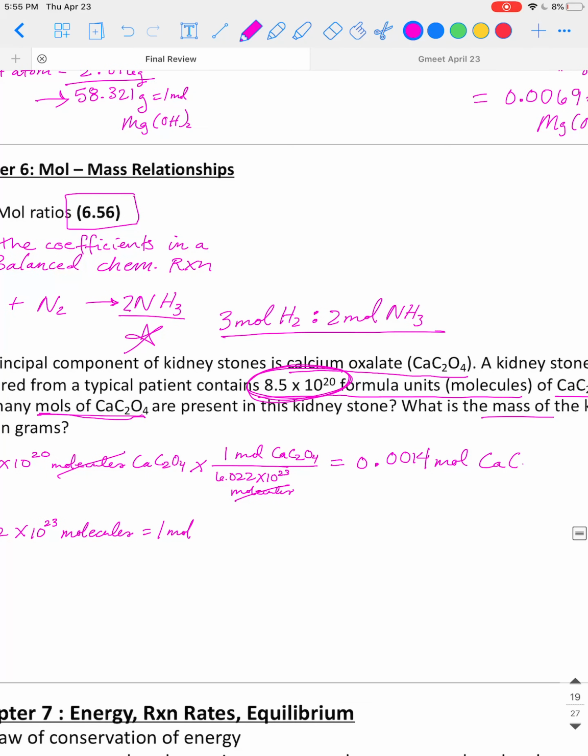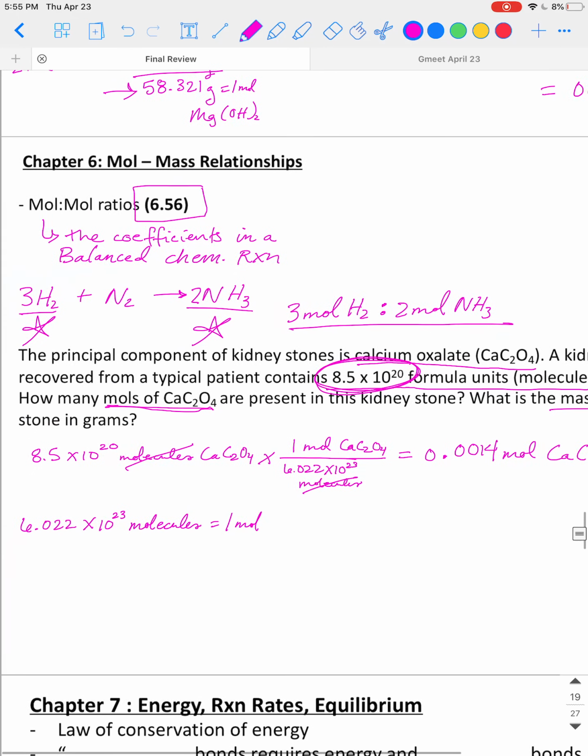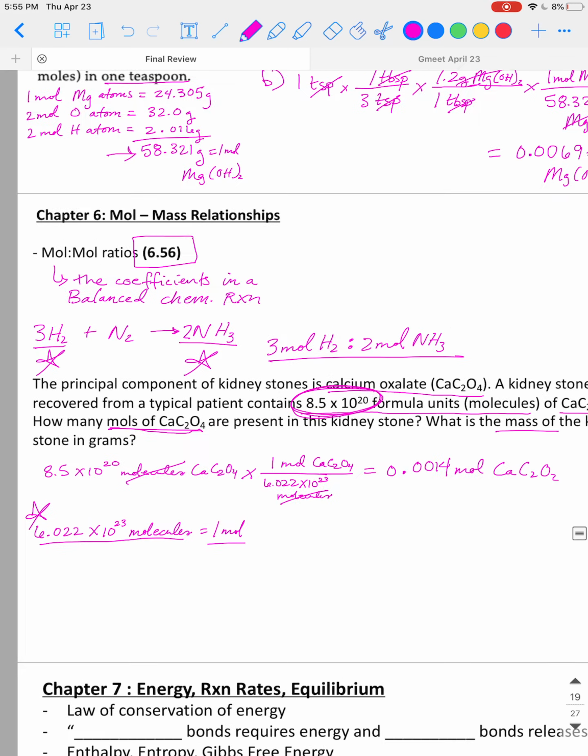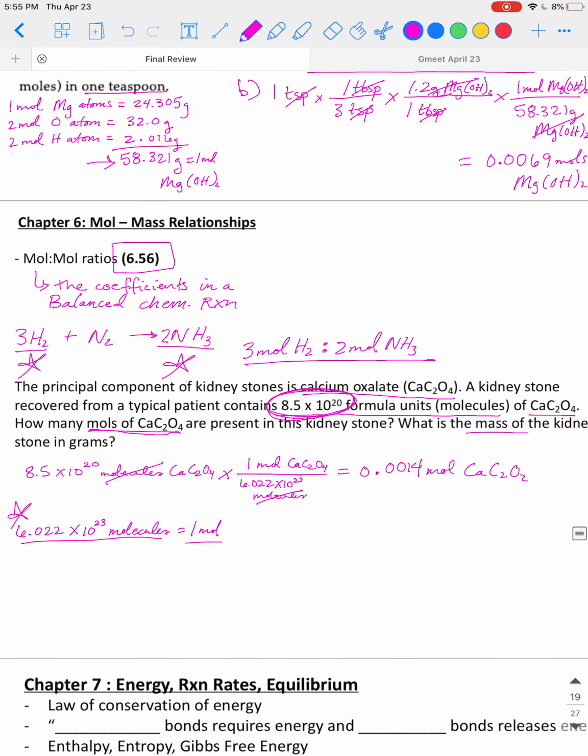And I got 0.0014 moles of calcium oxalate. Okay, so that answers the first question. So here we had to use this relationship that relates Avogadro's number of atoms, here the atoms were molecules, to 1 mole of the substance.